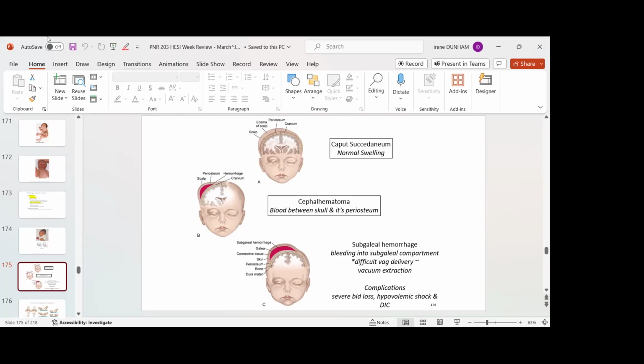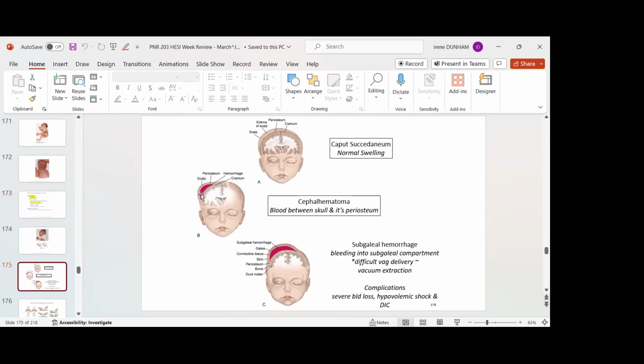Okay, now this one is a picture of a cephalohematoma. So you have the blood between the scalp and the skull and its periosteum. So you see by the side of the head, that's why I was pointing to the side of my head. You can see the scalp, periosteum, and then you have a little hemorrhage, and you have the cranium. Okay, this is called cephalohematoma.